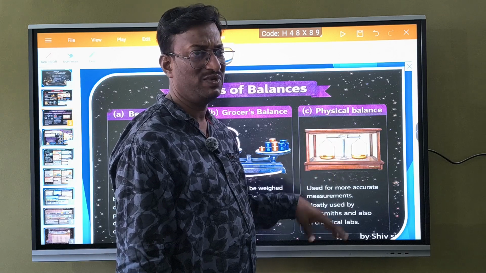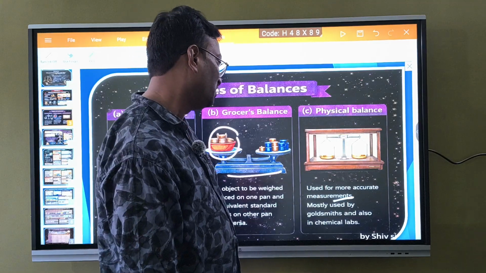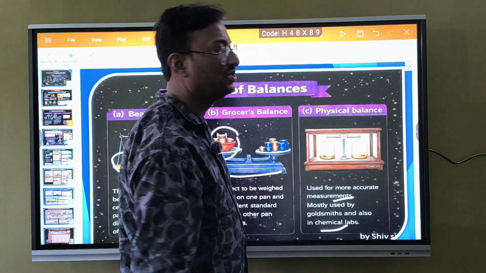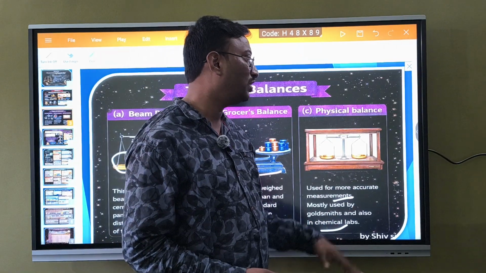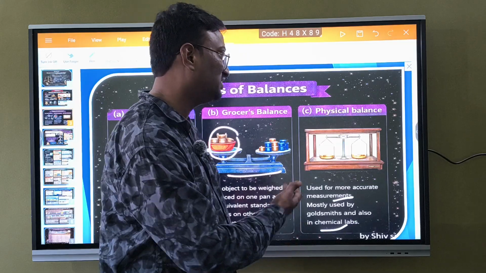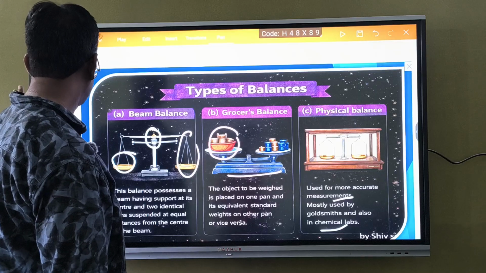It takes much time. This is the old version actually, mostly used by goldsmiths and also in chemical labs in order to get accuracy. Now we have digital balance, which is the replacement of this physical balance, so there is no need to use the physical balance nowadays.